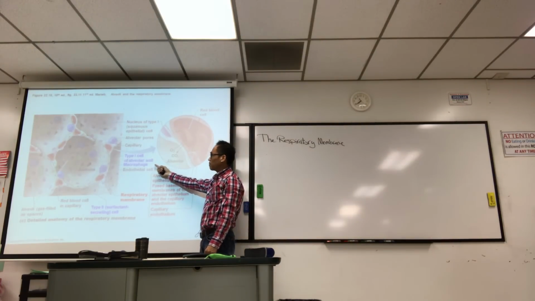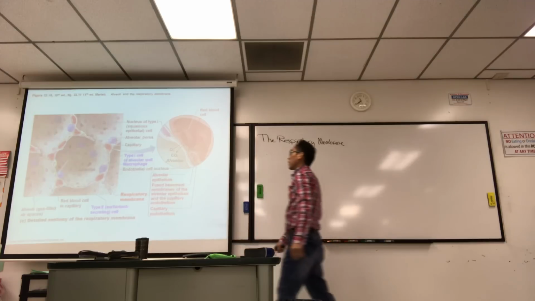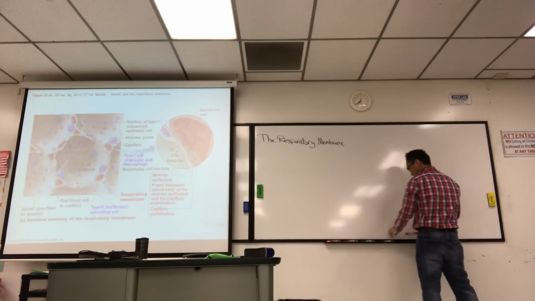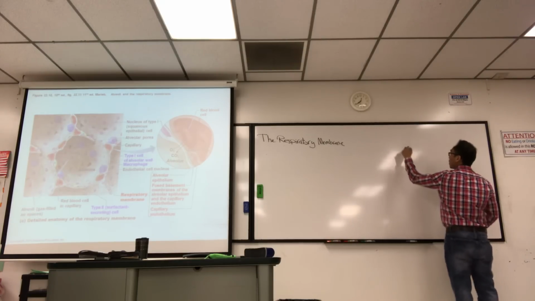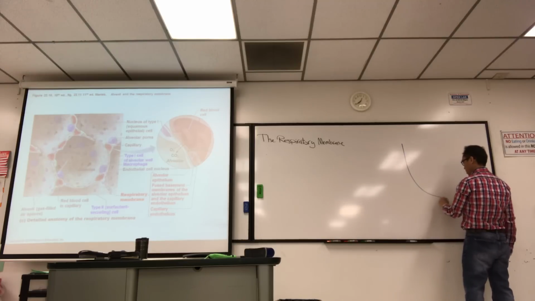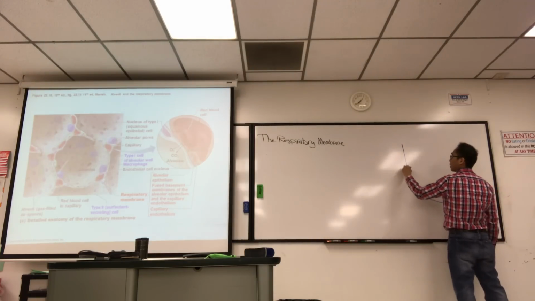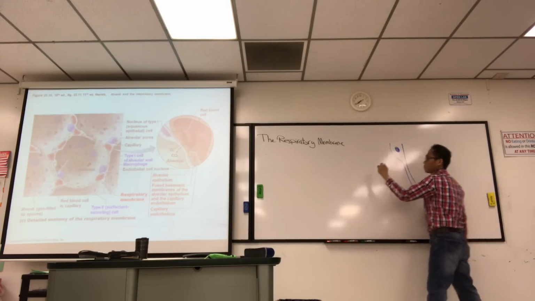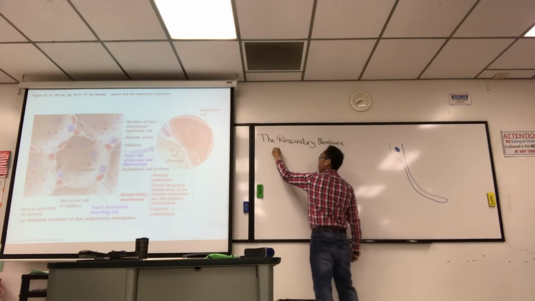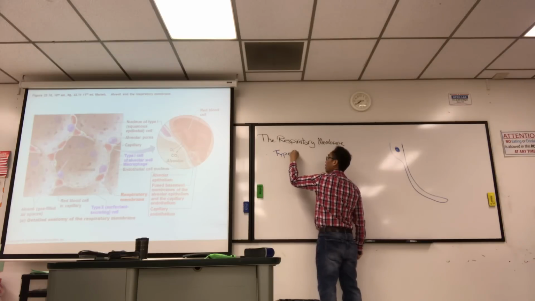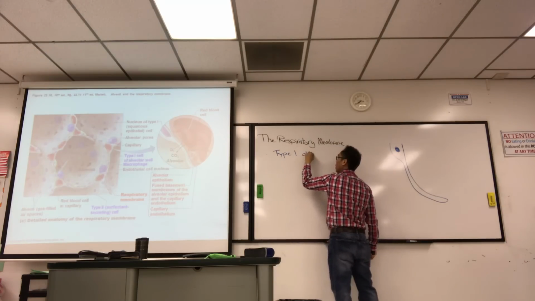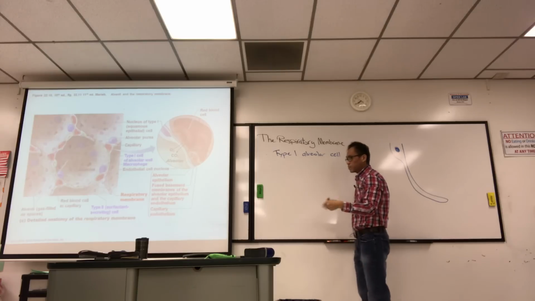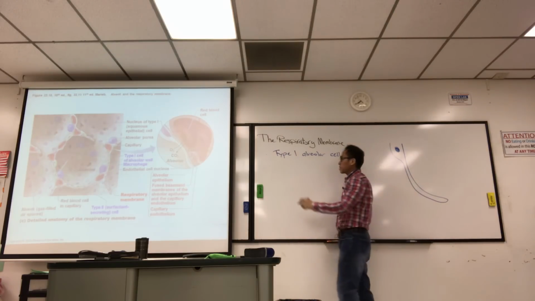It's the chief cell of the alveolar wall, and I'm going to try to draw that picture there. Type 1 alveolar cell. Think of it as a simple squamous epithelial cell.